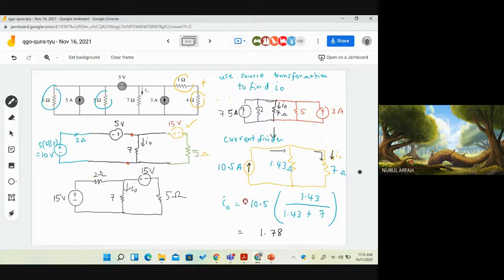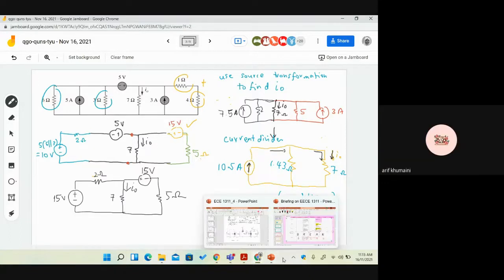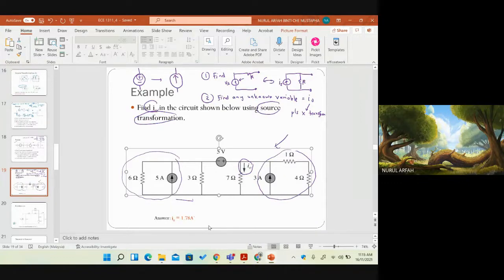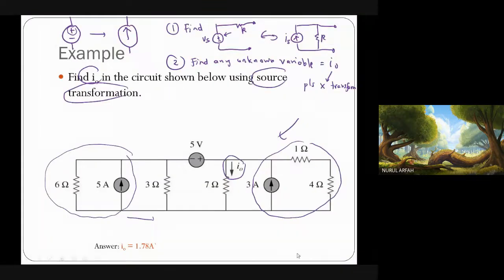Betul ke? Jawapan dia. Yeah, betul. Yes, plus. Alright, good. So the answer is this. Betul ke? Korang dapat yang sama ke? Sama. Good. Sekejap kita ada answer. Oh, okay, 1.78, yes. If you go back to your slide or go back to the screen now, it is equal to 1.78.